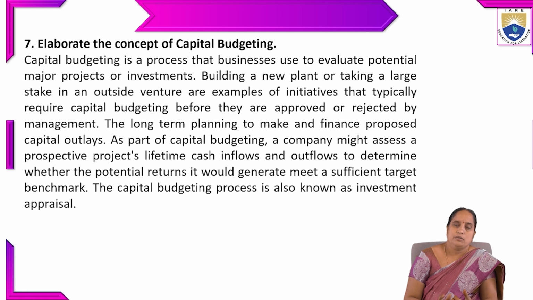Whereas modern methods, or discounted cash flow techniques, are based on cash inflows and consider the time value of money. Using these techniques, the company will decide which is the most profitable project out of the available proposals.